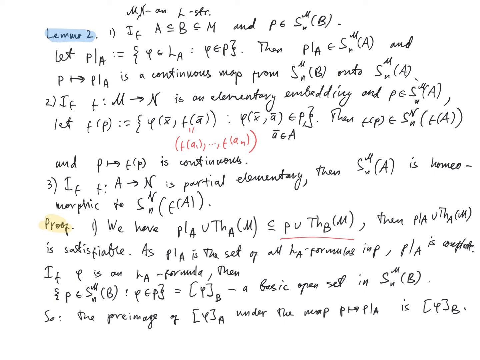So we see that the preimage of an open set is open on the basic sets, and so of course it also extends to arbitrary open sets. So this shows that the map is indeed continuous. This proves 1.